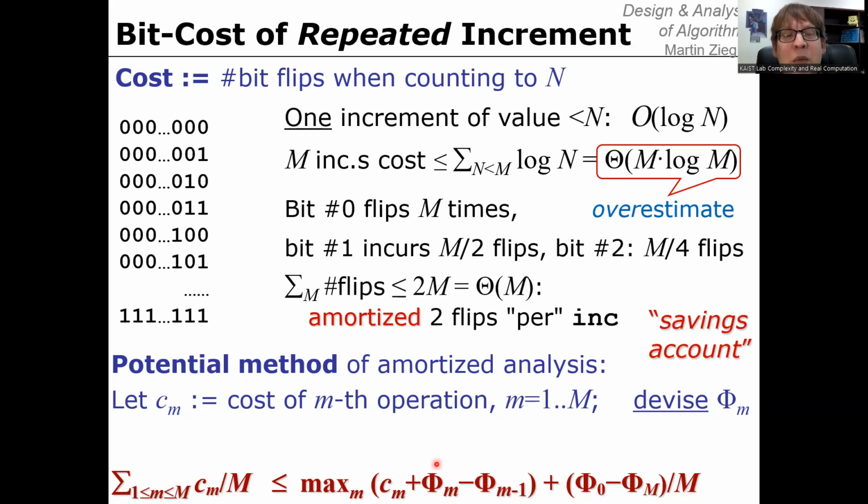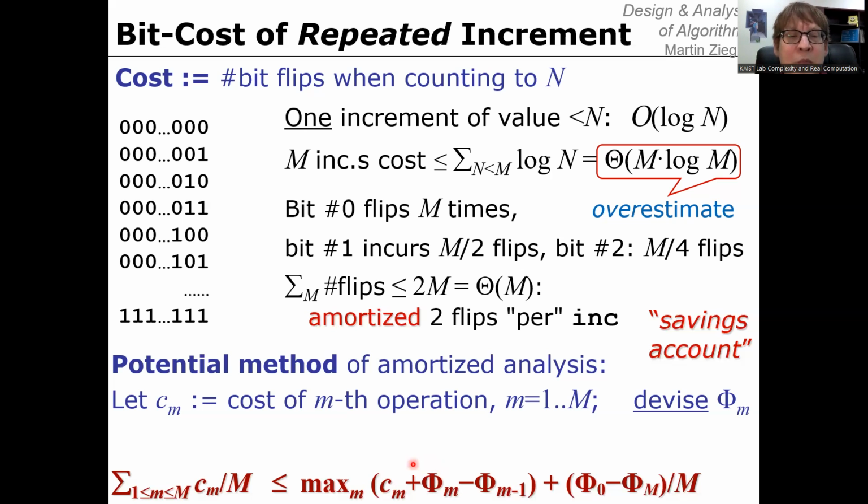And so that means we can compensate for large cost, large CM, with something negative to make this number small. And the goal is to have the maximum of this number small, so that in all cases we can charge the same small numbers.